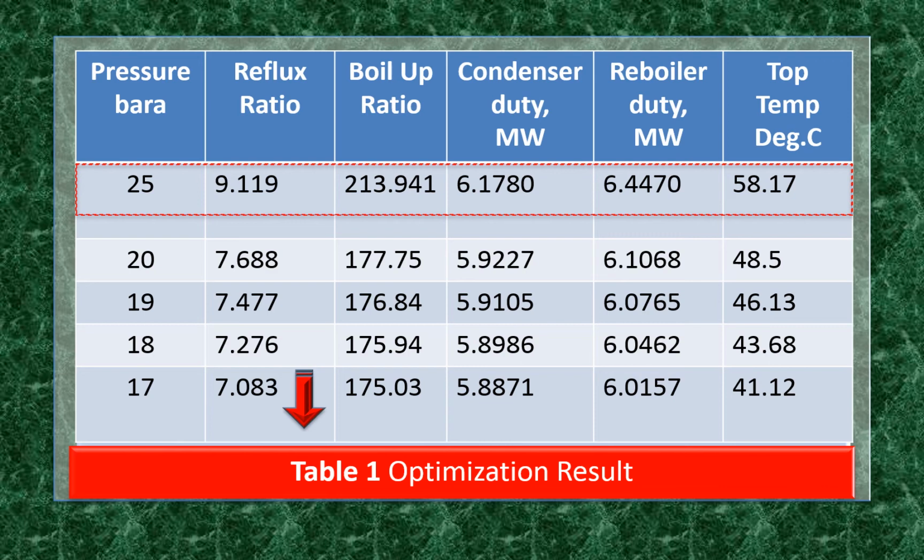Likewise, the boil-up ratio drops from approximately 214 to 175. The condenser duty drops from 6.17 to 5.8 megawatt. Reboiler duty decreases from 6.44 megawatt to 6.01 megawatt.